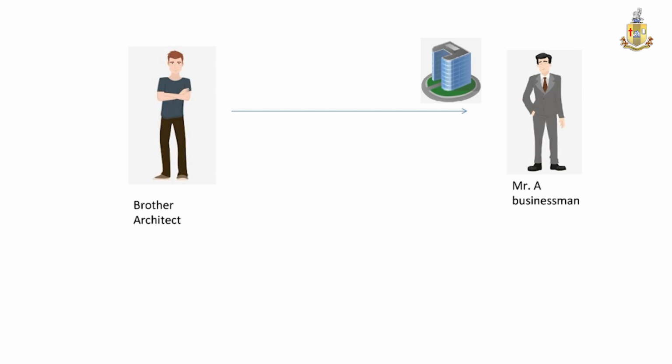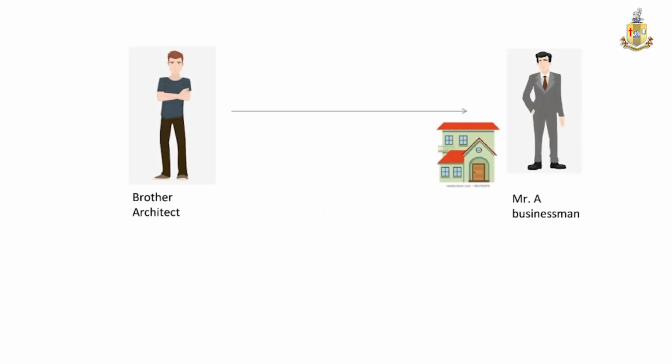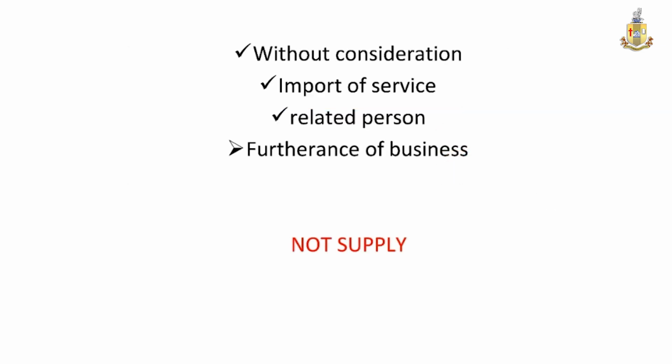The next example: the brother is giving a design not for business use, but for personal use, like for building a house. Will this count as a supply? This is also not a supply, because it is without consideration.